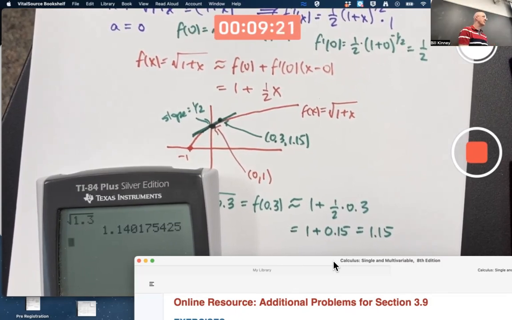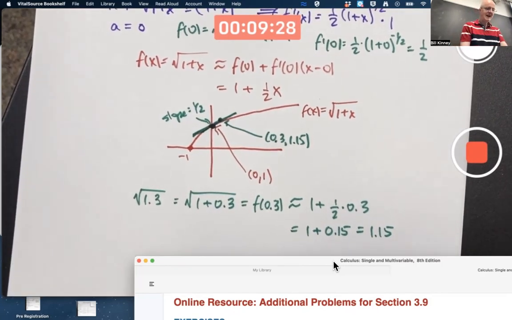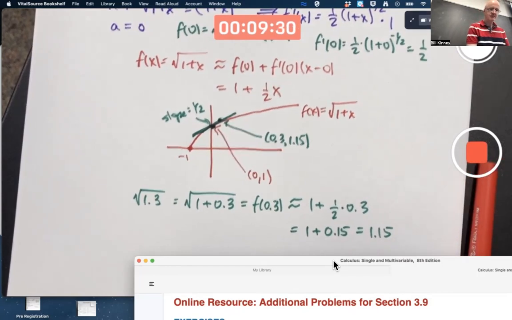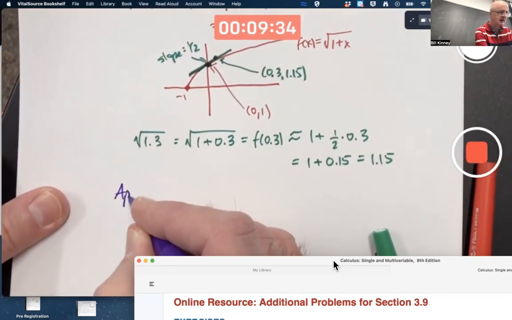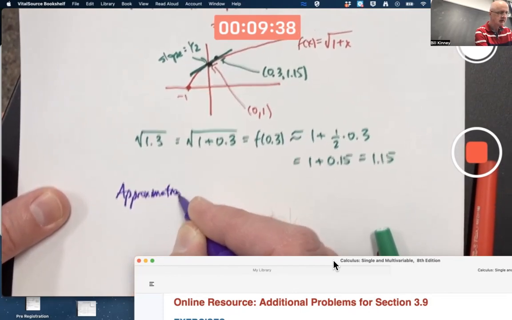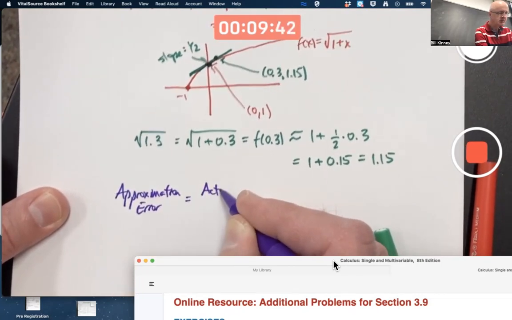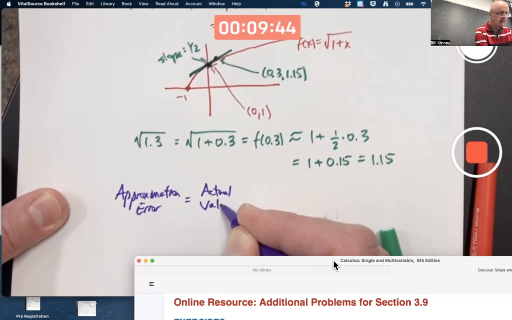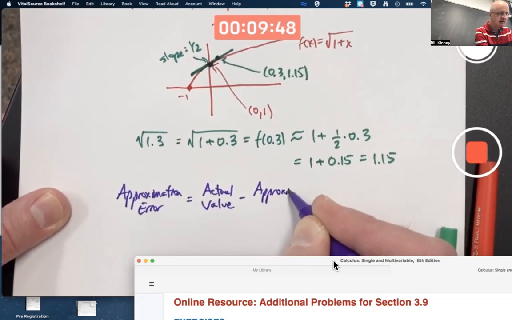The error in this approximation is also something important to know about. What is error in approximations? Call it approximation error. It is the actual value minus the approximate value from the approximation.